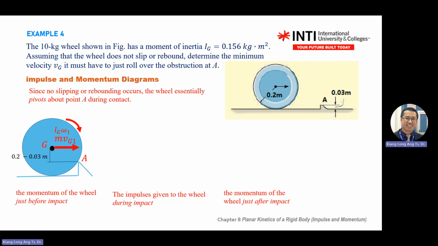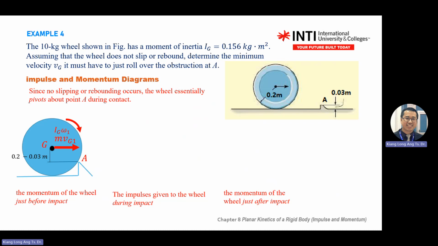For rigid bodies, especially in chapter 8, we focus on mv, the momentum. And every object that is rolling has Ig omega 1. Ig omega 1 is your H, angular momentum. mv is the linear momentum.